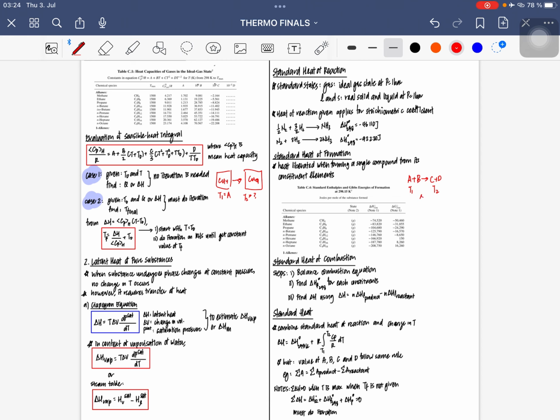So there is going to be an enthalpy change, and there will also be heat of formation, because there's a reaction and then you are going to produce a product, right?